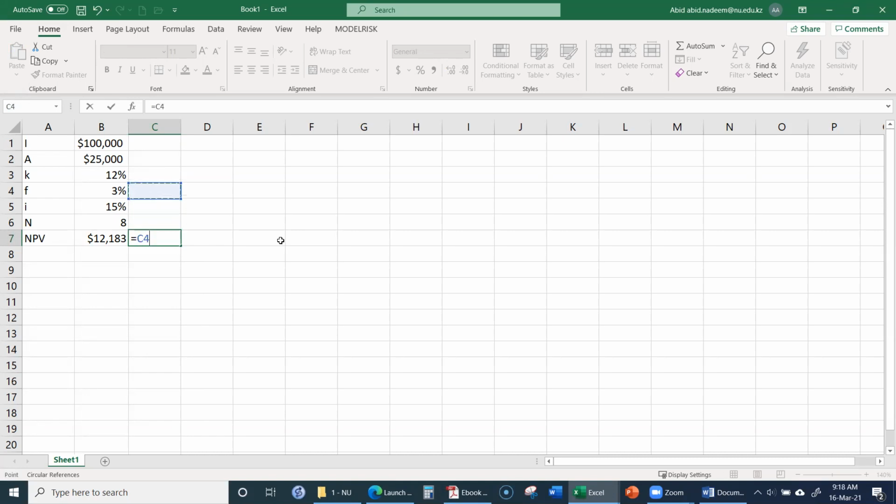So it is A, which is 25,000 times bracket 1 plus I. So 1 plus I is this, which is the sum of the discount rate plus the inflation rate.